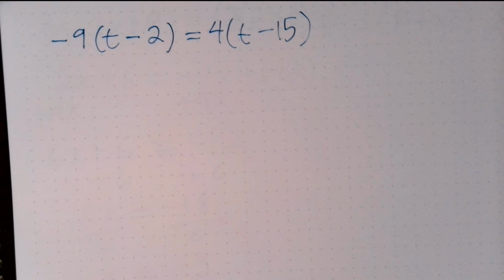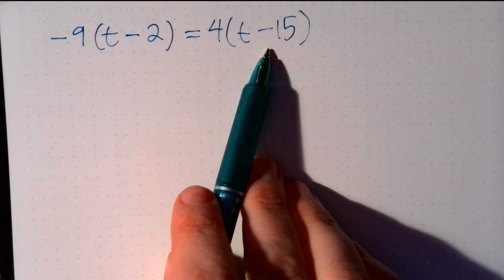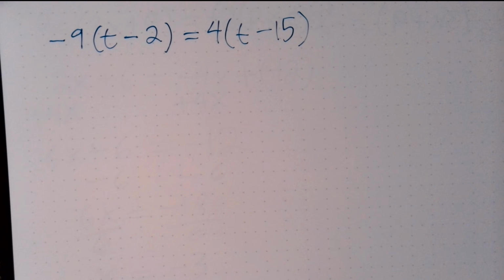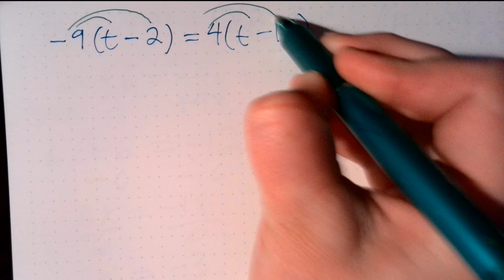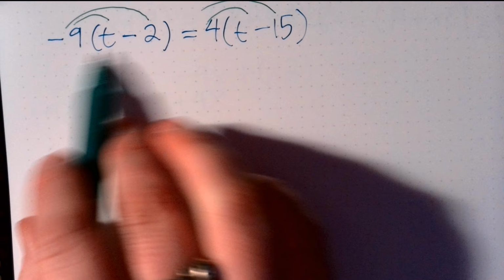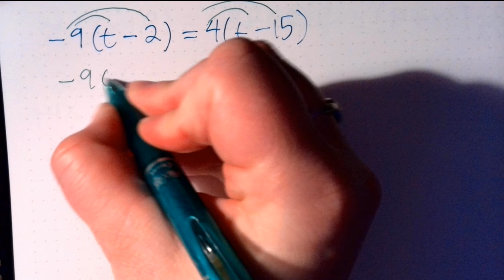All right, let's look at another one. Now notice with this, I've got 2 sets of parentheses. So if you remember from the multi-step equation video, I'm going to need to distribute to both of those. Negative 9 times t is just negative 9t.